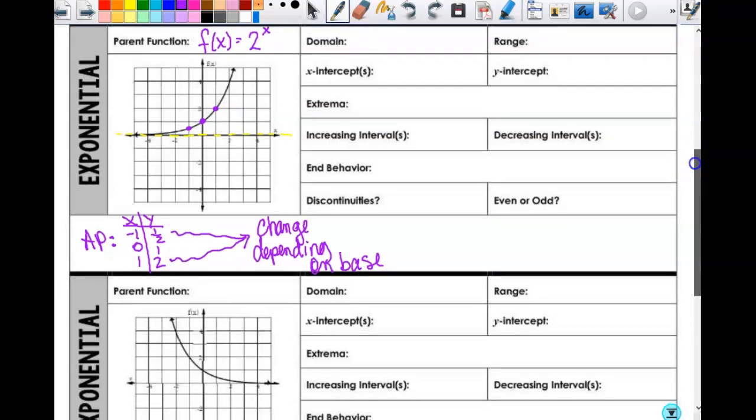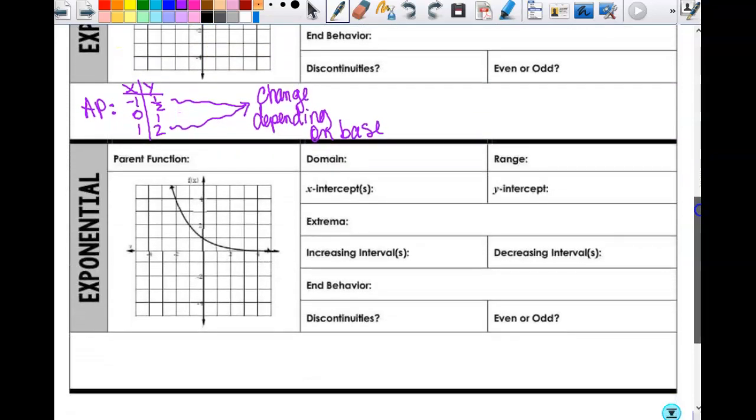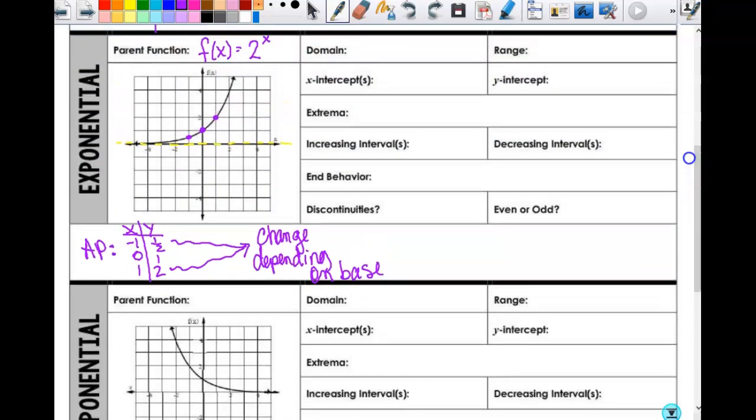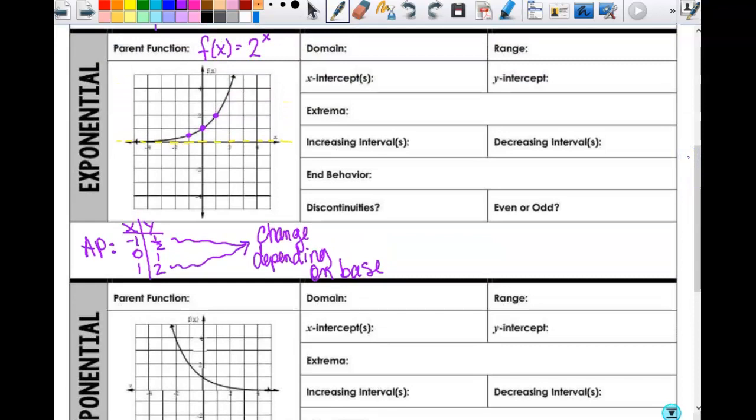All right, here's another exponential. Exponentially increasing. This one is exponentially decreasing. So what changes with this? Do you know? Well, whenever x is our reciprocal, it's still an exponential, so I'm still going to have x in the exponent. What happens is when you have exponentially increasing, your base is greater than 1.